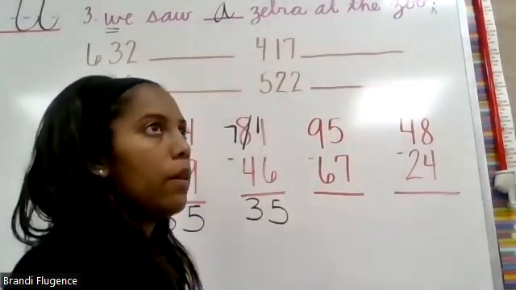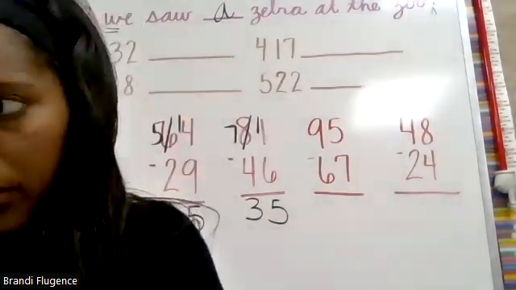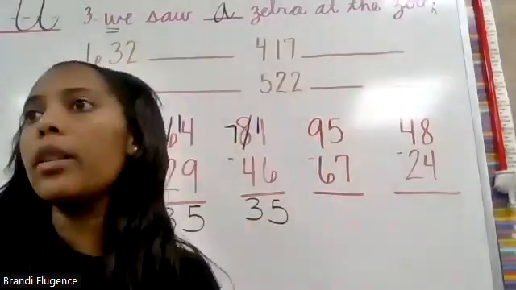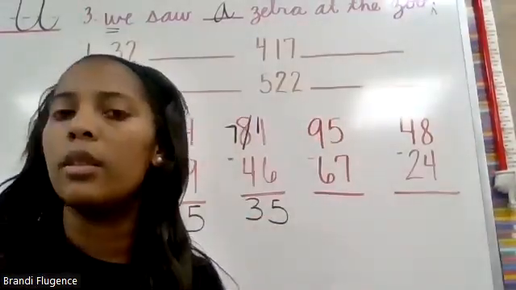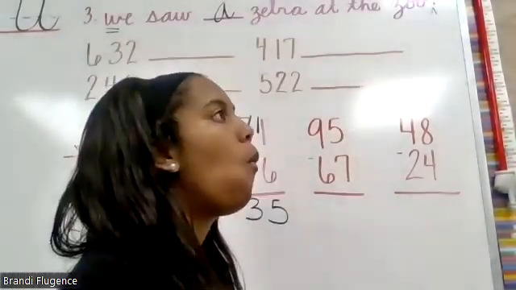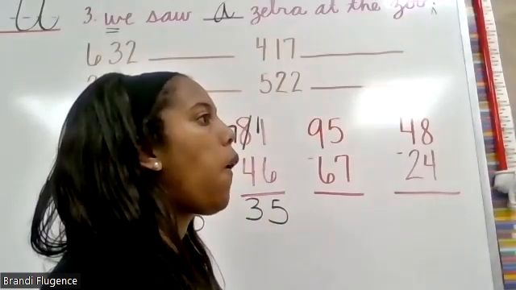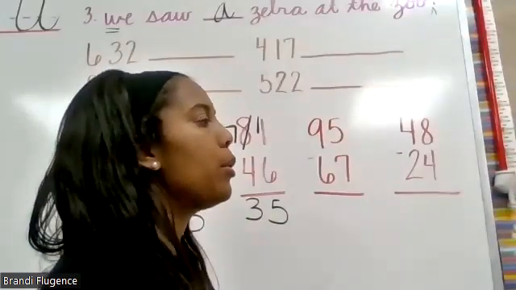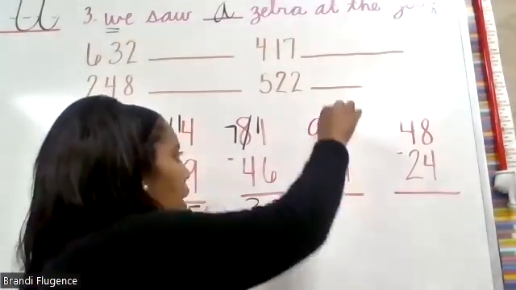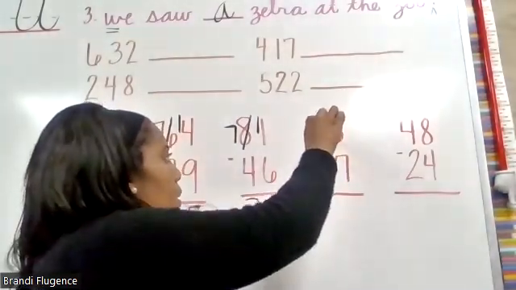Okay, can you tell us how you got that? 5 minus 7. You can't take 7 from 5. Okay, what do I do? You borrow 10. It equals 15.